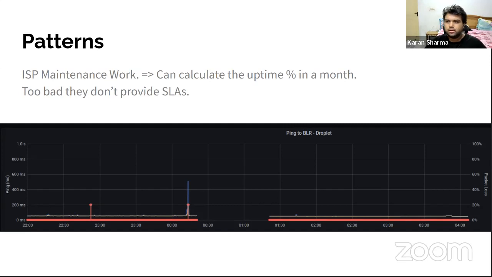But sadly, in India, or I guess anywhere, you can't really enforce these SLAs, at least on retail connections. If you're on corporate lines, then it's a different thing. If you're on corporate lines, then this can be useful, because you can have your own uptime metric, and you can give them a report that your SLA is breached.